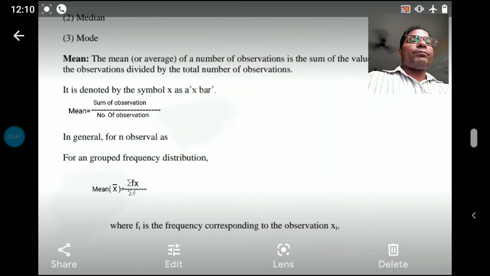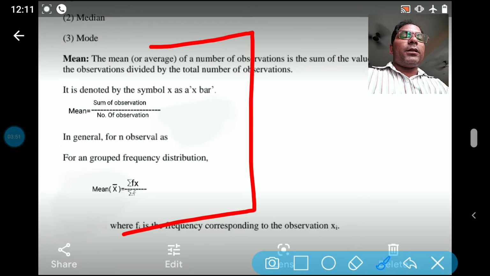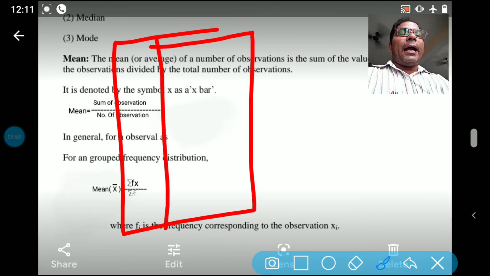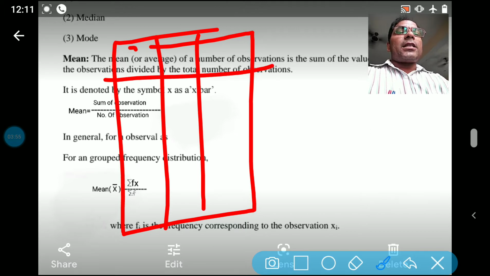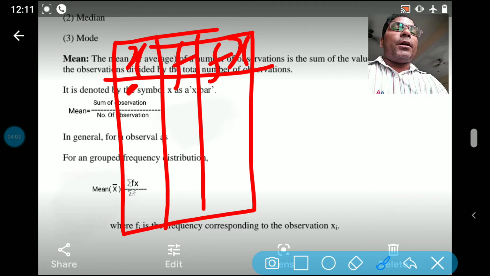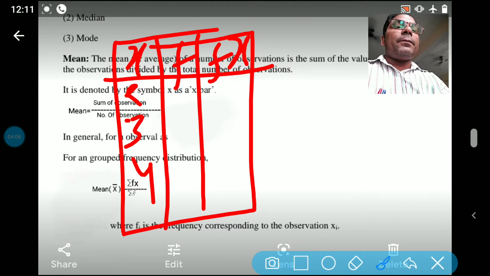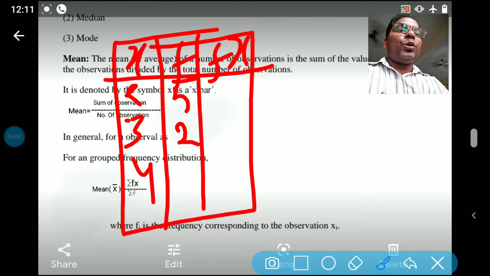For example, suppose there is a table with x and f, frequency, and we will find fx. Suppose the terms are given as 2, 3, 4 and the frequencies are 5, 2, 1.